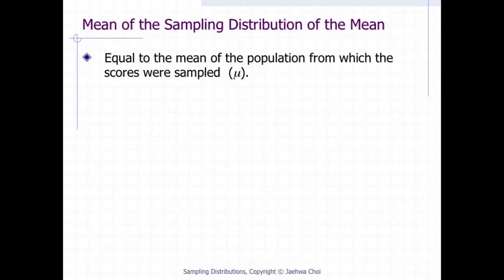One important property of many distributions is the mean. The mean of the sampling distribution of the mean is the mean of the population from which the scores were sampled. Therefore, if a population has a mean of 5, the mean of the sampling distribution of the mean is also 5.